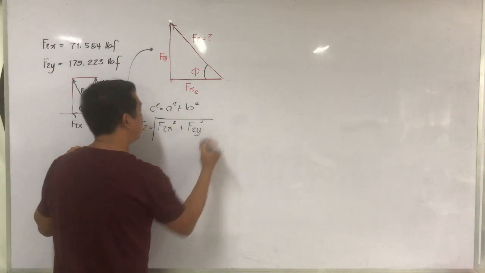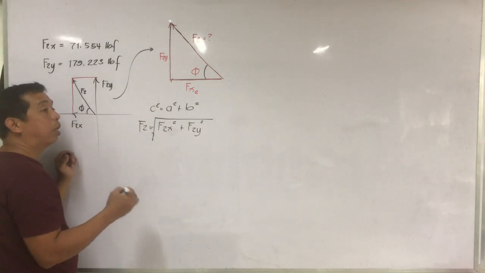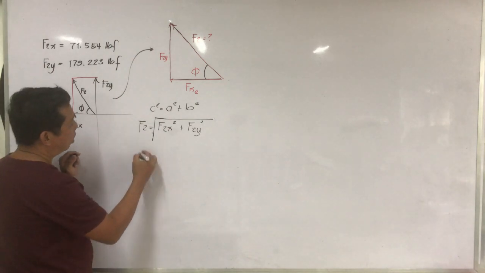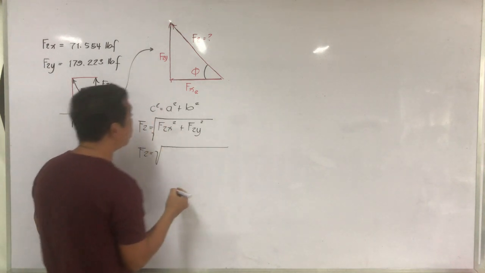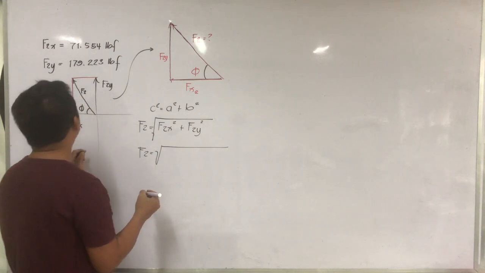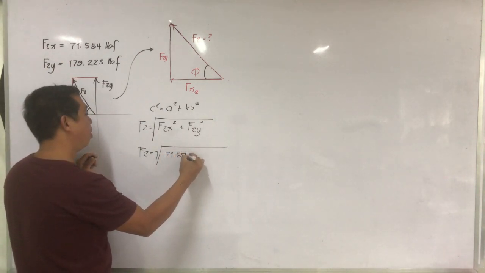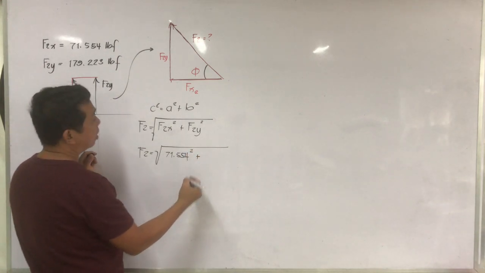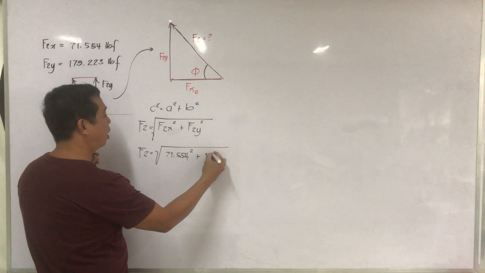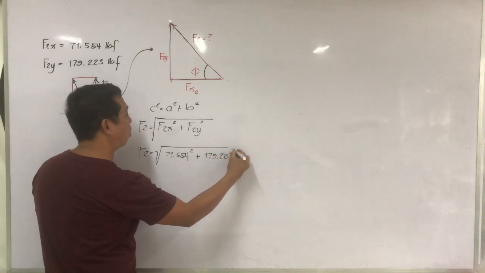That needs to be extracted. Yung square root of the sum of the squares. Makukuha natin therefore na F2 ay square root ng, ano ba ang F2x natin? We have it 71.554 squared plus F2y, which is 179.223, that needs to be squared.